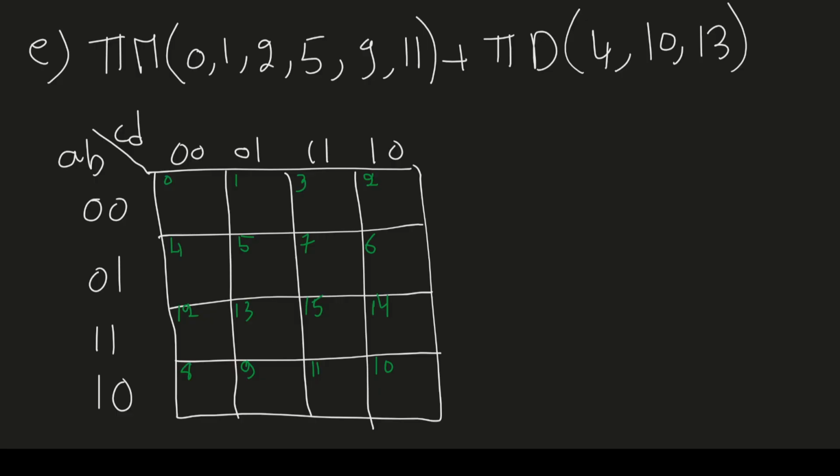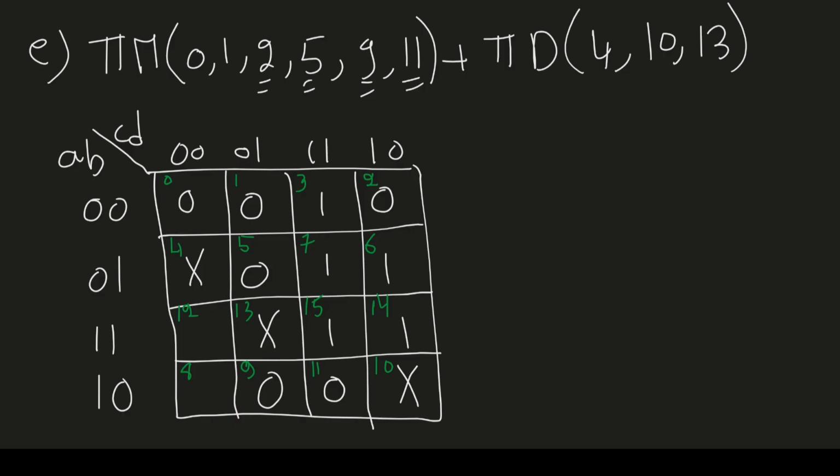So for the 0, we have 0, 1, we have 0, 2, we have 0, 5, we have 0, 9, and 11 will have 0. And then the don't care are in 4. This is we don't care. 10, we have don't care. 13, we have don't care. Now the rest will be ones. 1, 1, 1, 1, 1, 1, and 1.